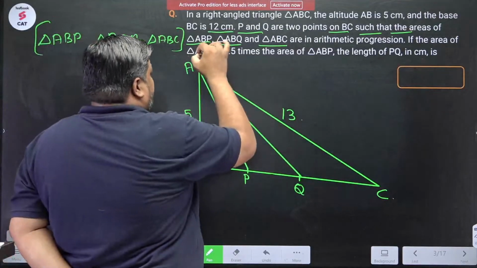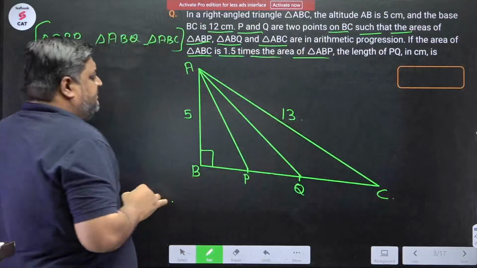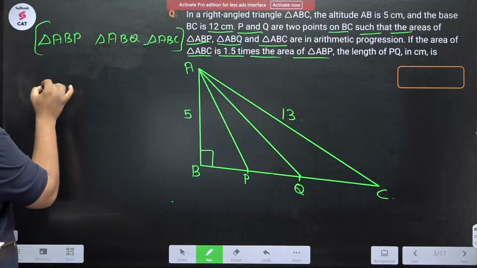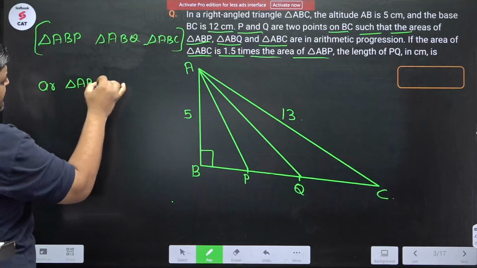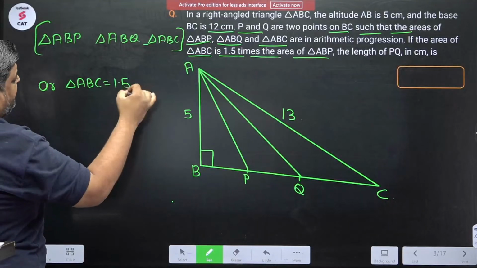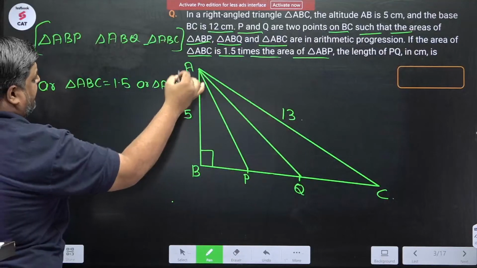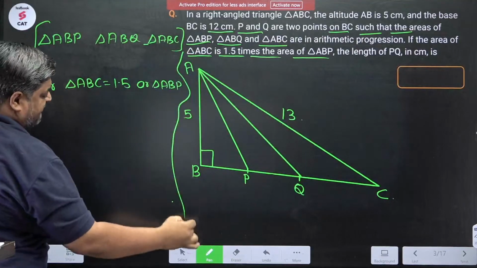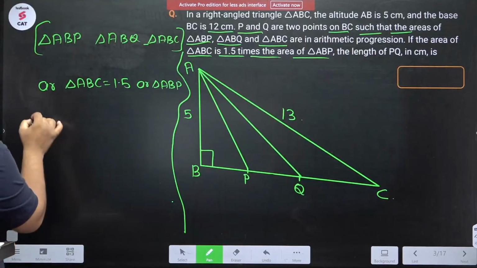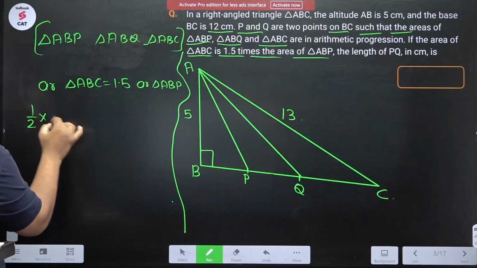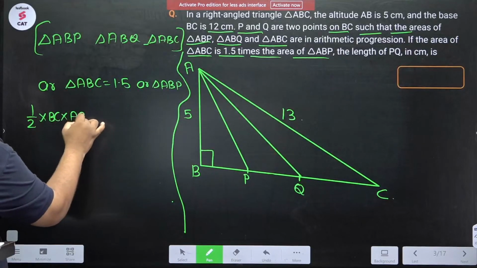If the area of triangle ABC is 1.5 times the area of triangle ABP. This is also given. We can calculate area of triangle ABC, right? Area of triangle ABC is half into base BC into height AB.